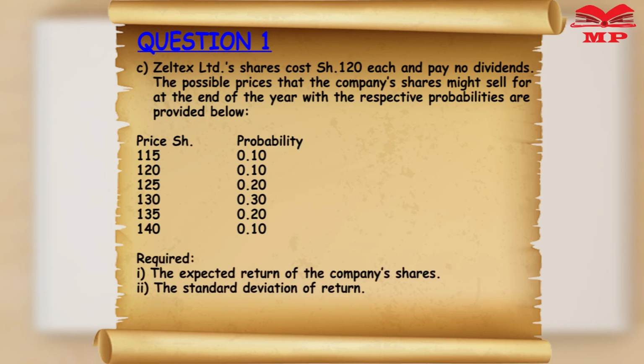Roman 2, standard deviation of return for marks. So candidates will first answer part C Roman 1, the expected return of the company's shares.